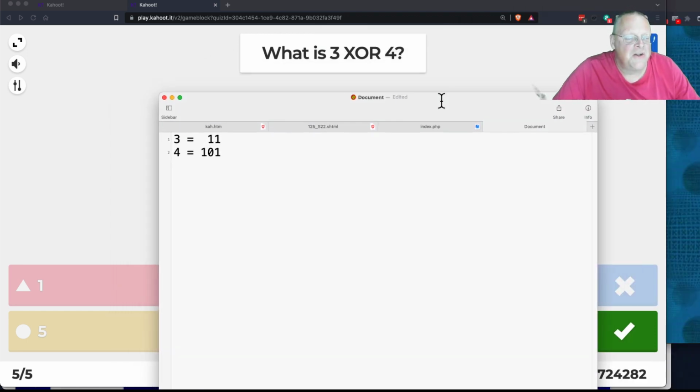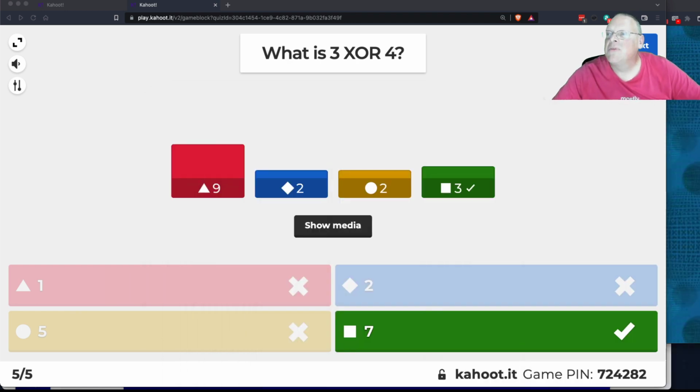All right, so 3 is 0 1 1 in binary, and 4 is 1 0 0. So if you XOR them, you get 0 and 1, and so this bit is 1. The next one is 1 and 0, so it's 1, and that bit is 1. That's how you do it. You do it bit by bit. And this is 7. 1s, 2s, and 4s. So 3 XOR 4 is 7. Anyway, that's how it works with good old XOR.